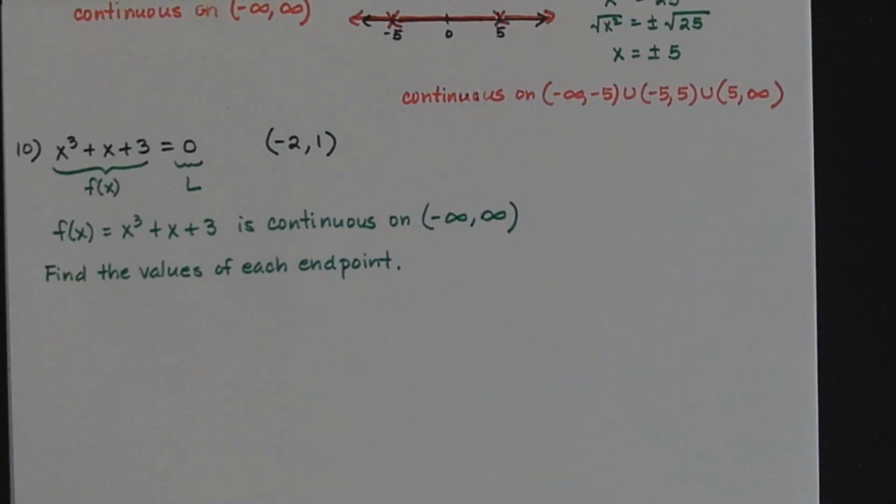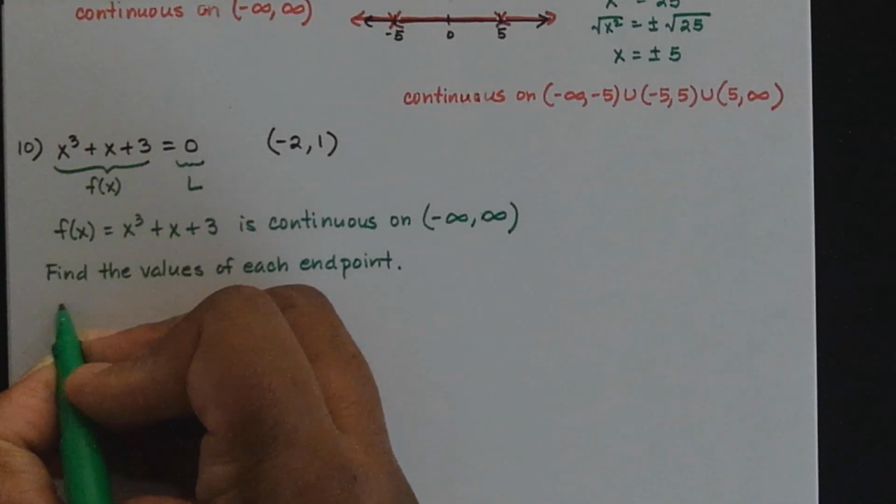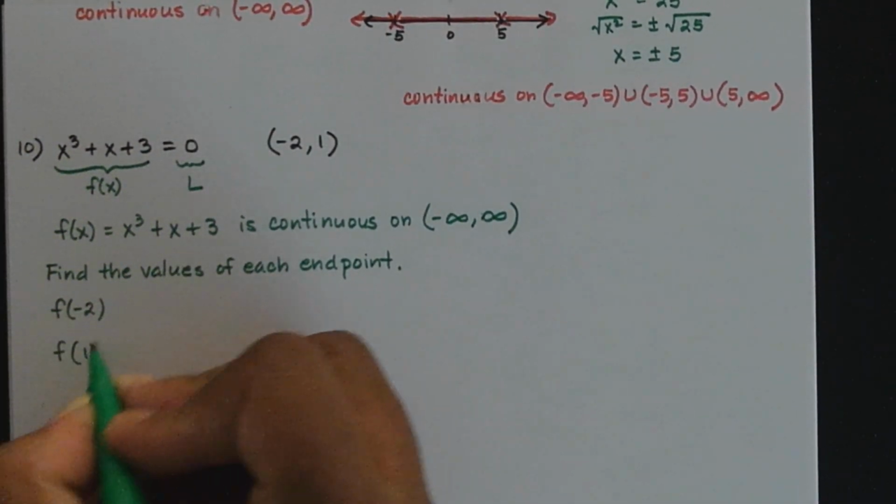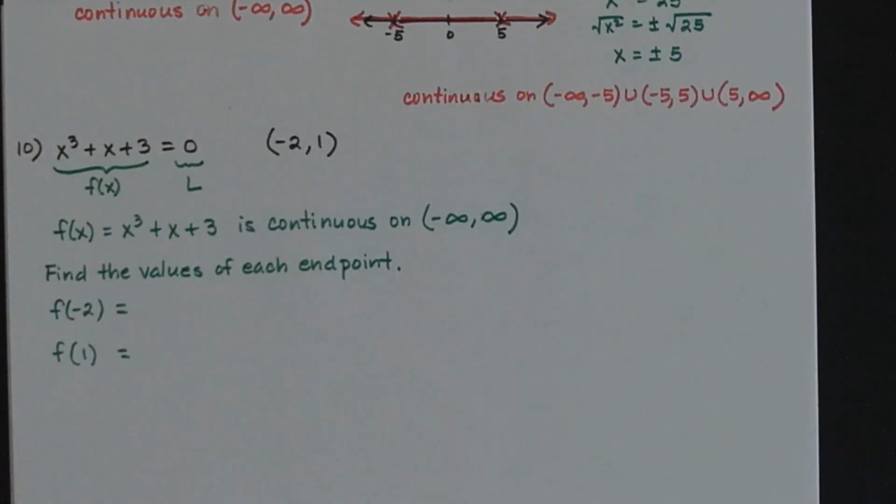If there is a change in sign for my f of x values, that means that there is a 0 there. So if I evaluate f of negative 2 and f of 1, and one is negative and the other is positive, that means there is a 0 somewhere between negative 2 and 1.